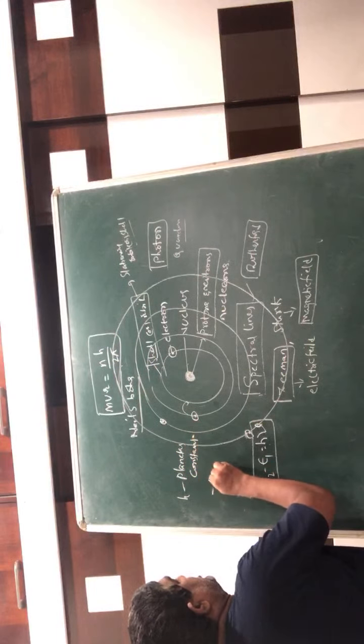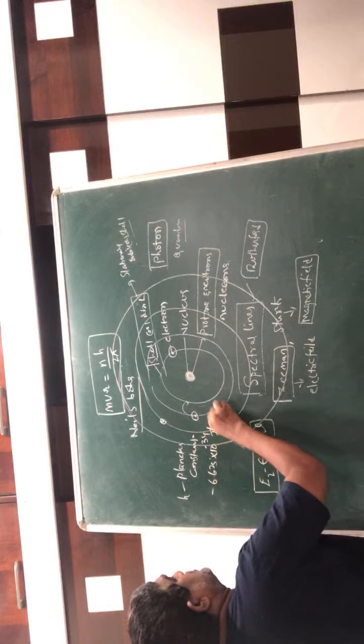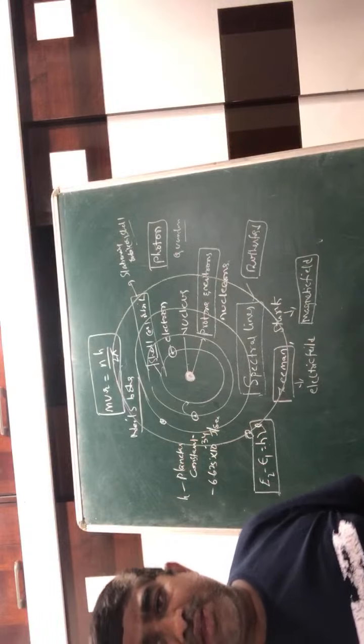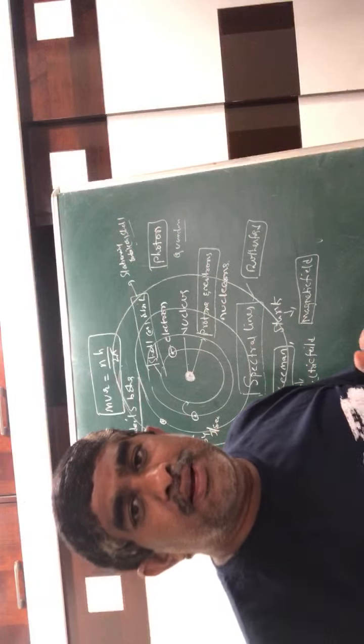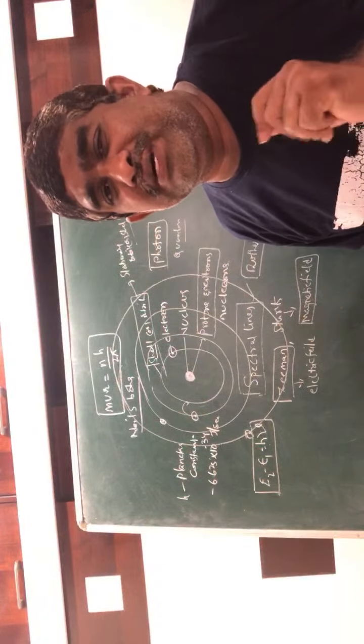And its value is 6.625 into 10 to the power minus 34 joule per second, or 10 to the power minus 27 erg per second.